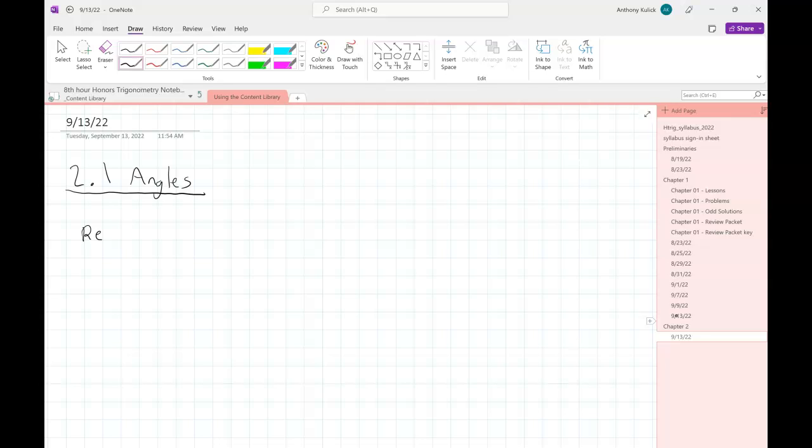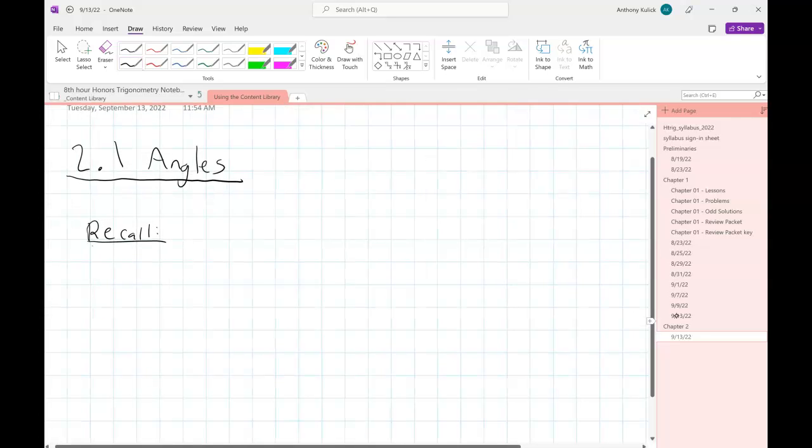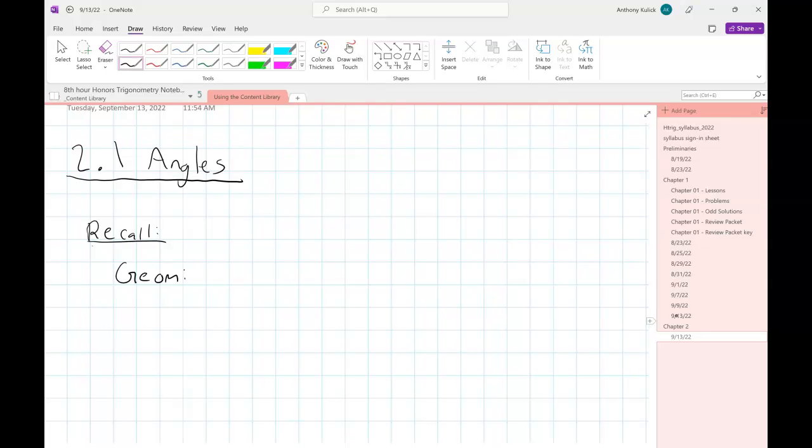So just as a recall, way back in geometry, we worked with sine, cosine, and tangent. Right? And when we use sine, cosine, and tangent, we use that on what type of things?